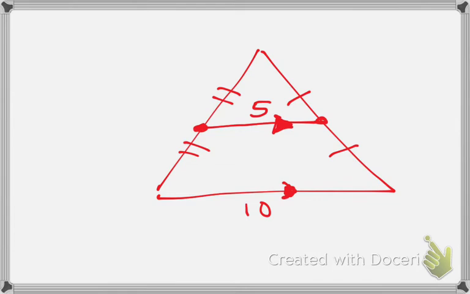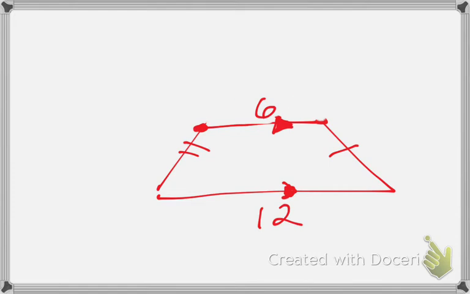Well, again, if I chop the top off of this triangle, I should have picked easier numbers. Let's go 6 and 12. It's easier to find the middle of that. If I take off the top and make a trapezoid and create a new mid-segment, any guesses on what the length of that mid-segment would be?